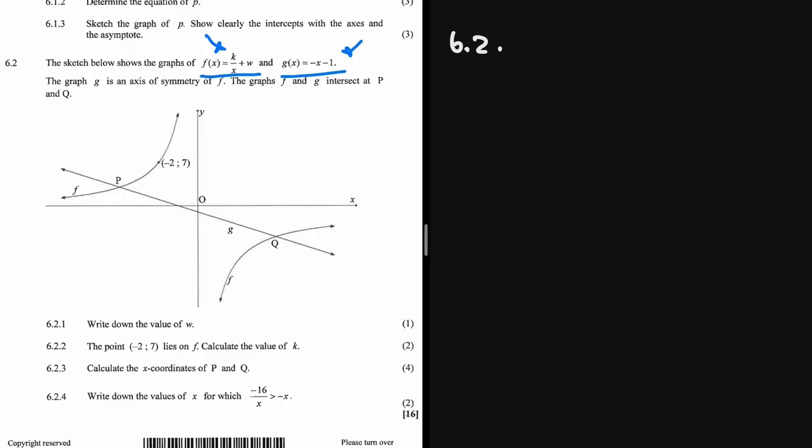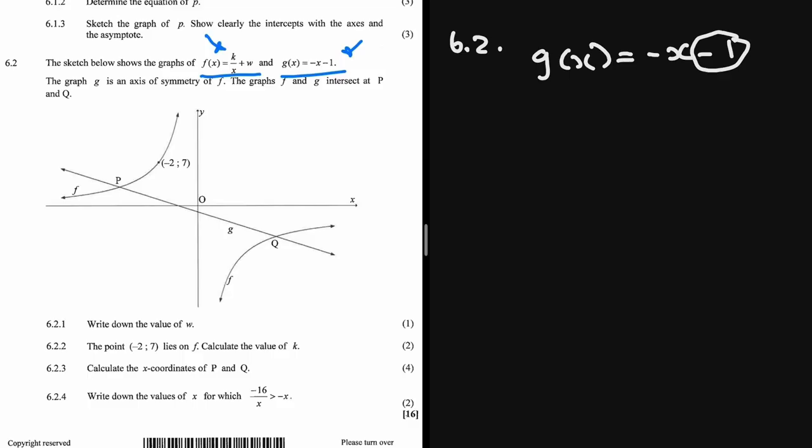Okay, so in the previous video, I've already explained now, if you have what? The equation of symmetry of what? Of our hyperbolic function. That means now, in this case, we have the equation of symmetry, which is g of x equals to -x minus 1. So the value of c here on our equation of axis of symmetry is going to be the asymptote of what? Of our hyperbolic function.